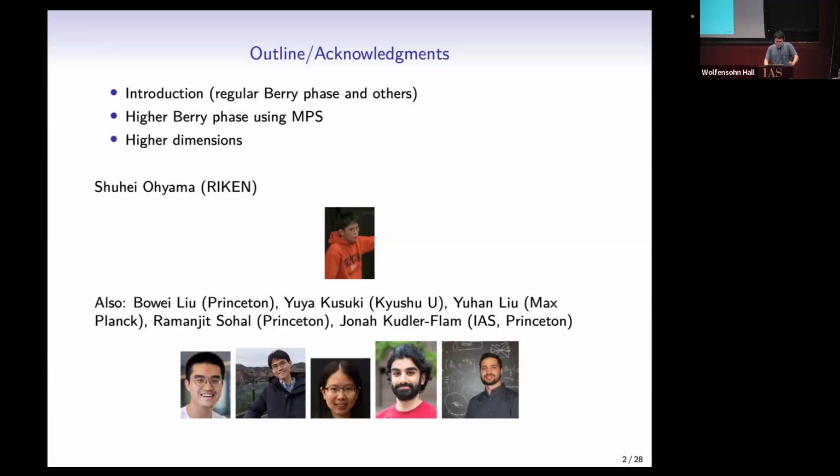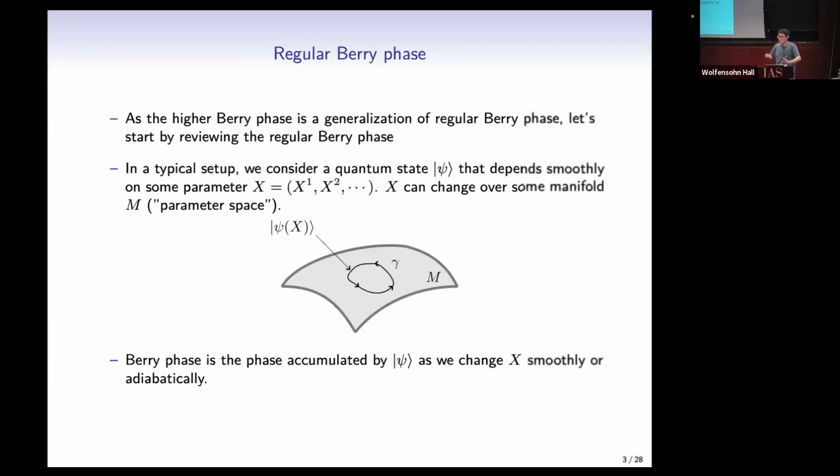Okay, so let me start by just reviewing the regular Berry phase. It's a quantum mechanical phase in quantum states. In a typical setting, we consider a quantum state defined in some Hilbert space, and the state depends on some parameter. It can depend on, for example, the direction of spin as you change the magnetic field adiabatically.